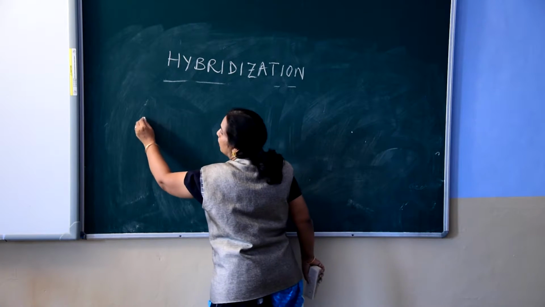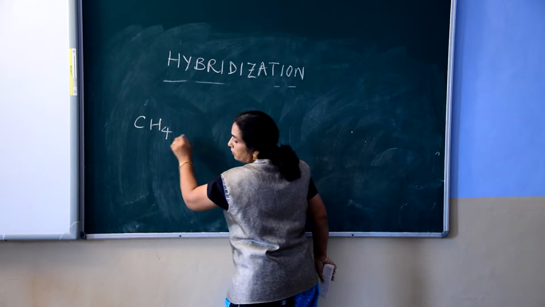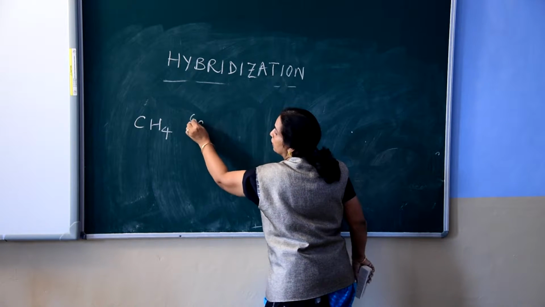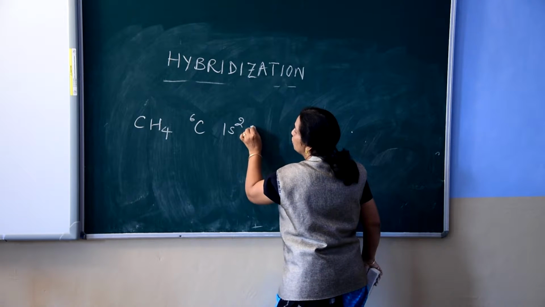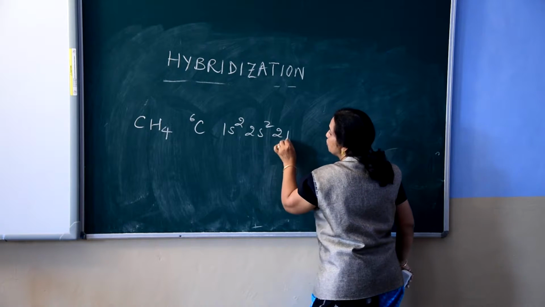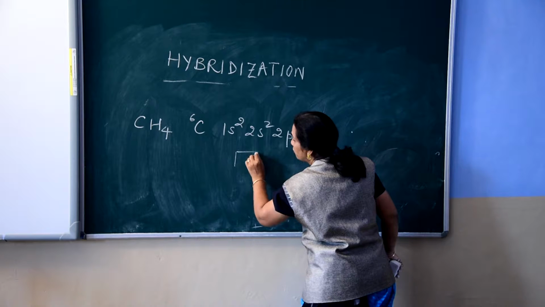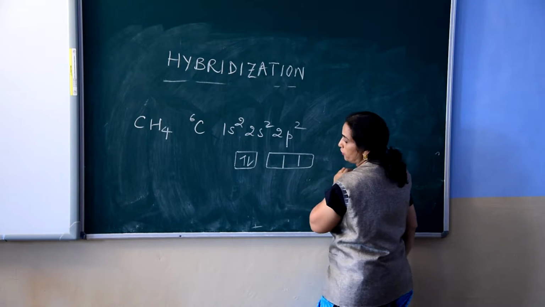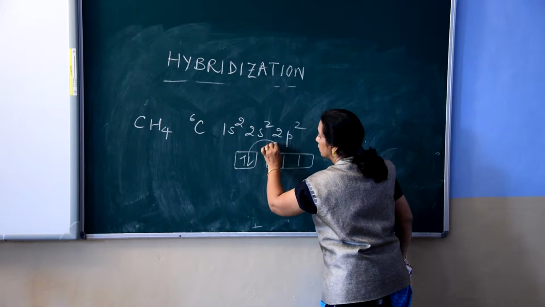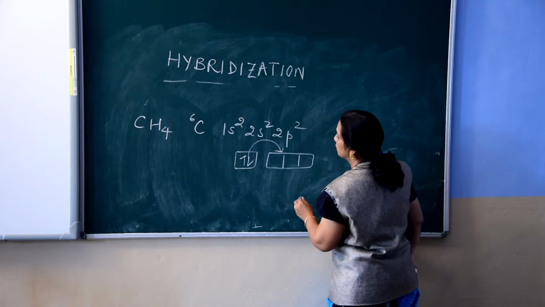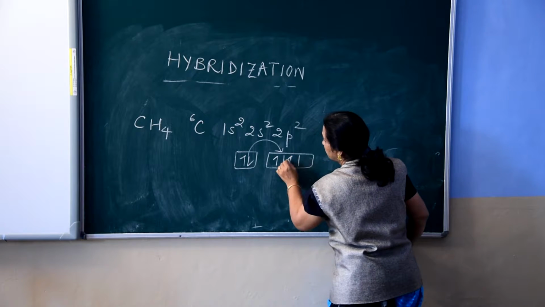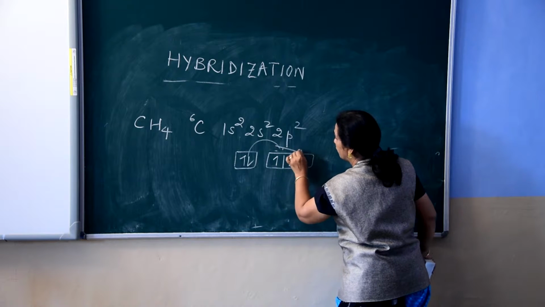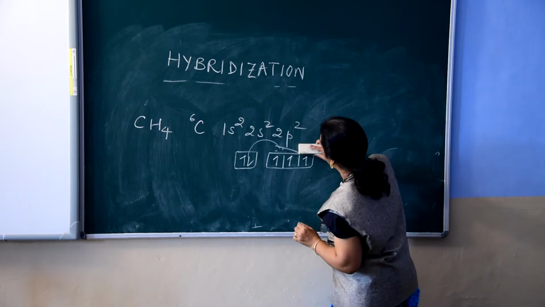If we consider methane, carbon in methane has atomic number 6, 1s2, 2s2, 2p2. Our 2s shell has 2 electrons, 2p also has 2 electrons. We shift one of these electrons over here, and the third electron comes here.